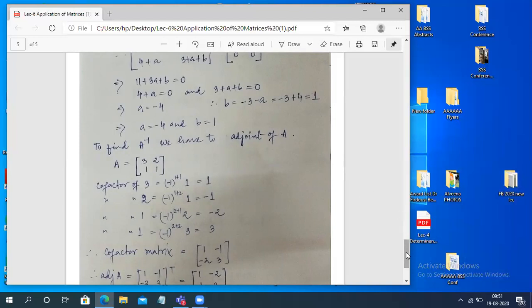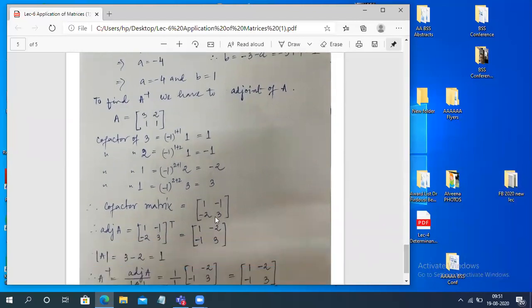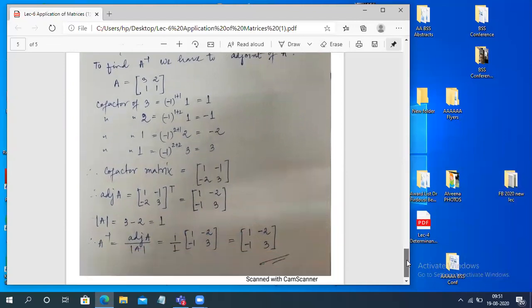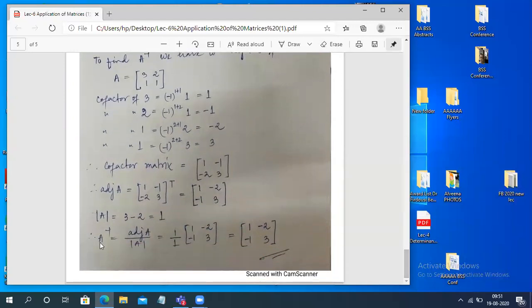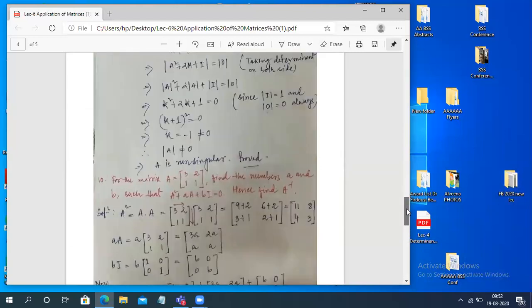Then find the adjoint of A by transposing this matrix, turning rows into columns. We get the adjoint of A. Now divide each element of the adjoint of A by the determinant value of A, and we will have A inverse. So A inverse is equal to [[1, -2], [-1, 3]]. Is it clear now? Okay, thank you.